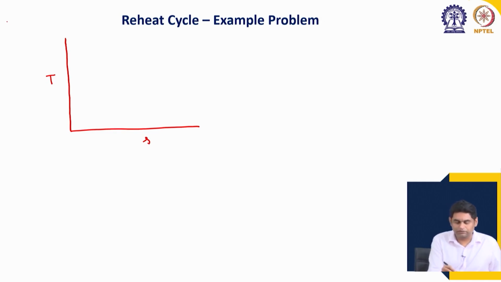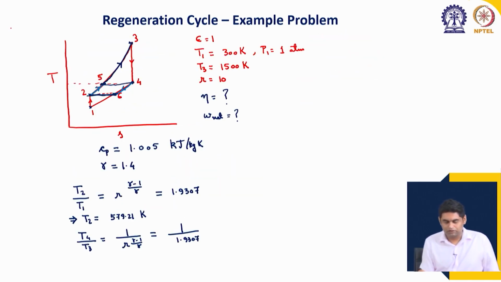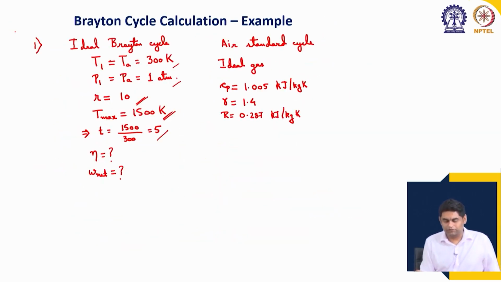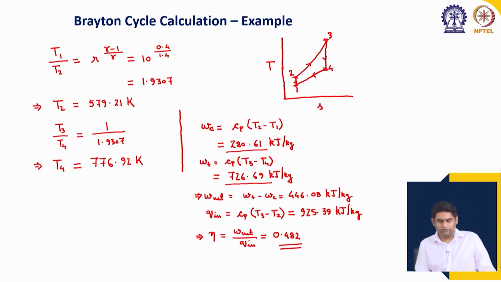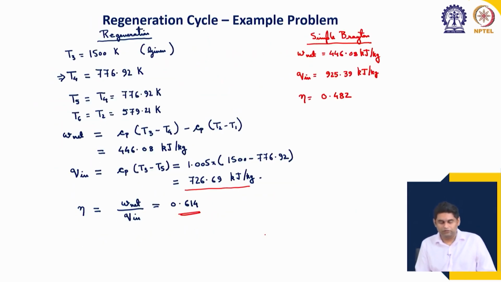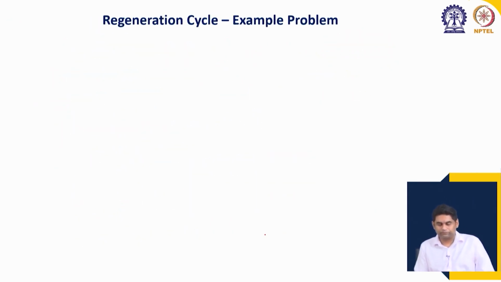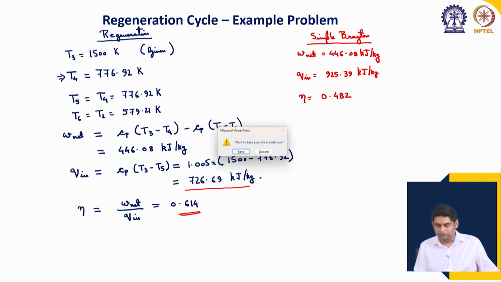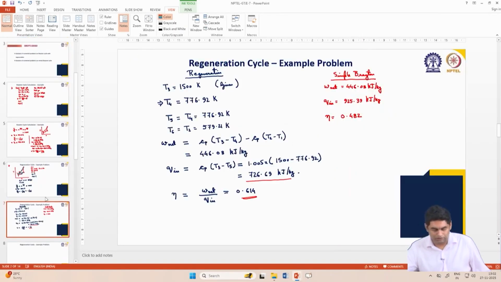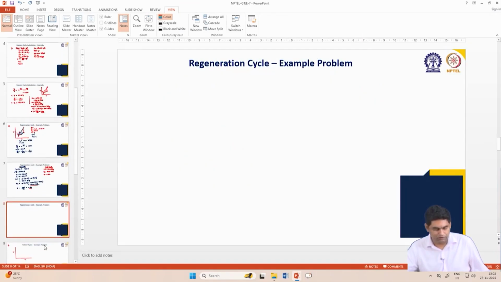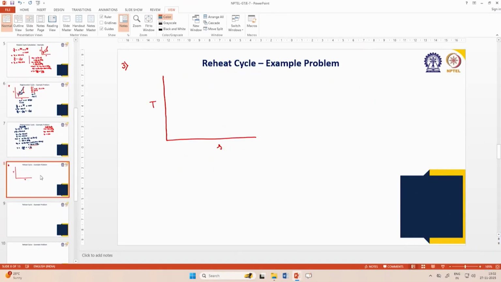Let us call this problem 3. This will be then problem 2, and the first problem that we have studied was problem 1. We can remove this slide and come back to the reheat cycle.